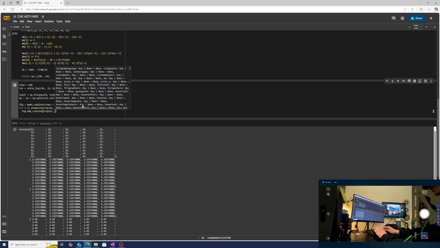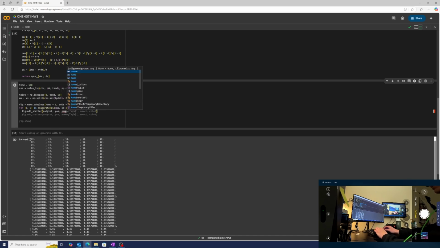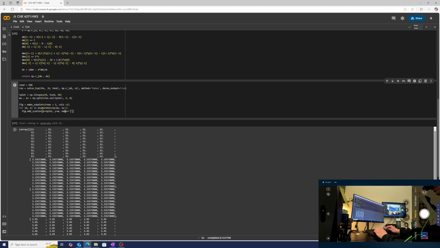Our y's are going to be equal to, for m, x in m's and x's, our y is going to be equal to m. And then our name is going to be an f-string, which will be our m and our i, no space.